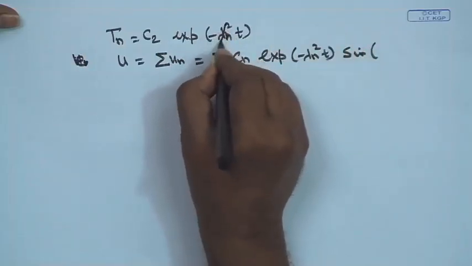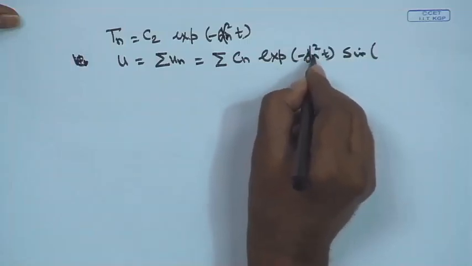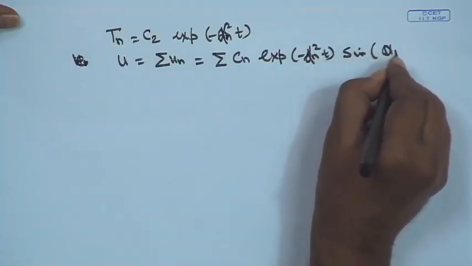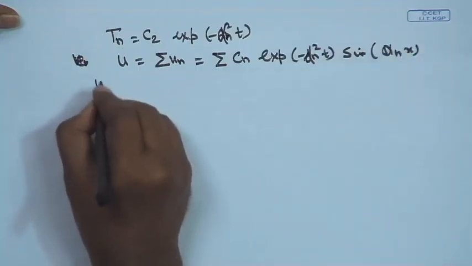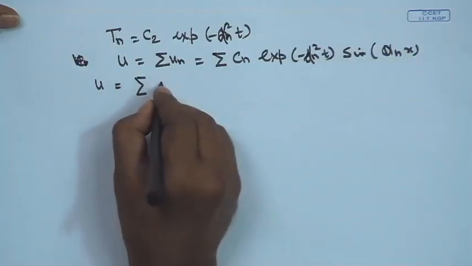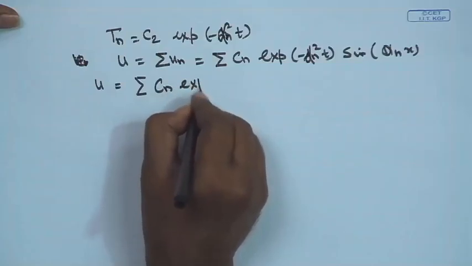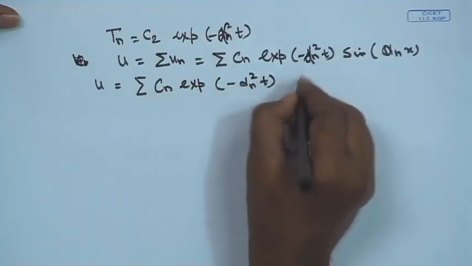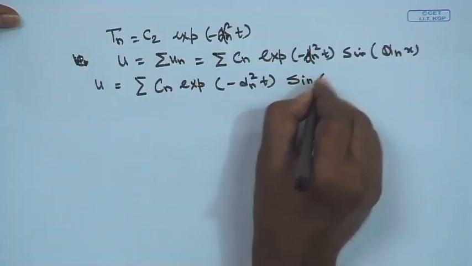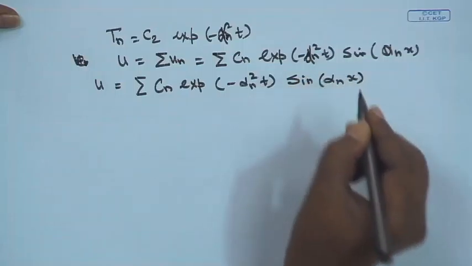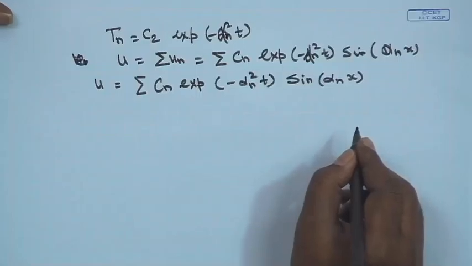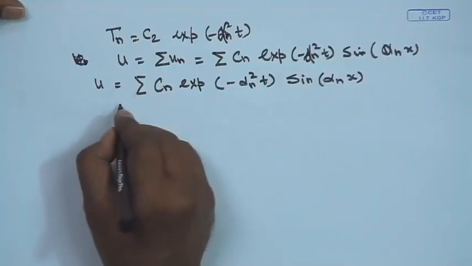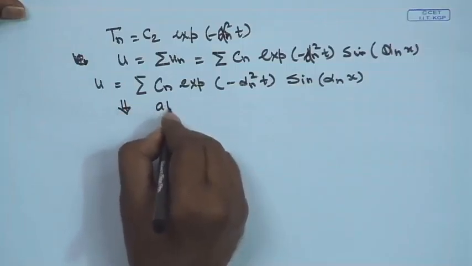Okay, this will not be lambda, it will be alpha n squared t. So, let us write in a clean, neat form: u equal to summation of Cn exponential minus alpha n squared t sin alpha n x. And this Cn will be evaluated from the initial condition at t equal to 0.